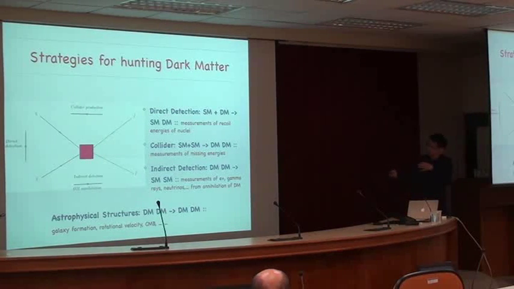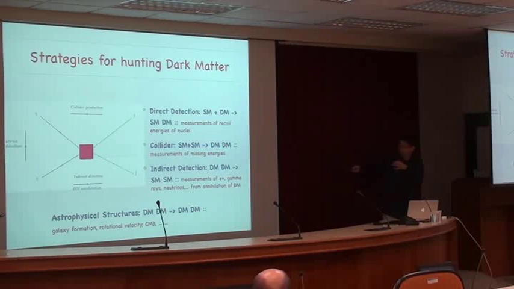This is a famous diagram to say we can detect dark matter in all directions. Like the direct detections: a dark matter particle comes in and scatters with a standard model particle within a nucleus, either the nucleon or the electrons. So we detect the recoil of the nuclei to detect the dark matter. At the collider, we can study standard model particles annihilating into dark matter particles.